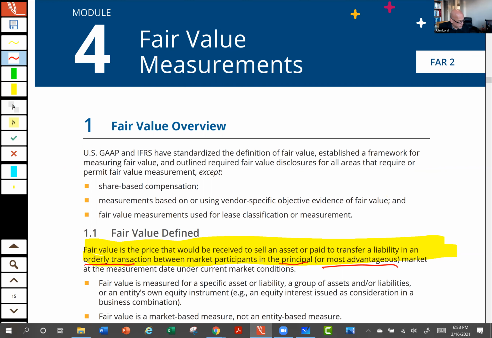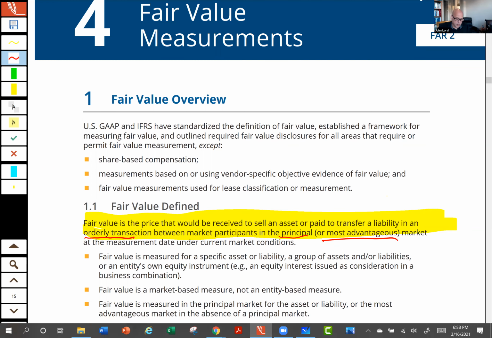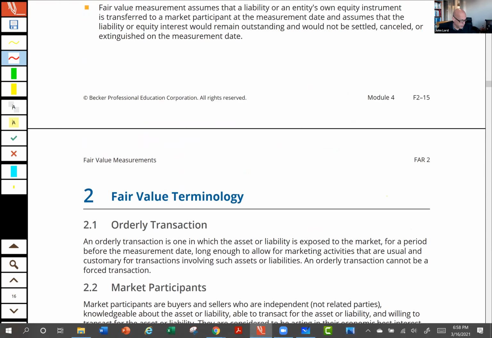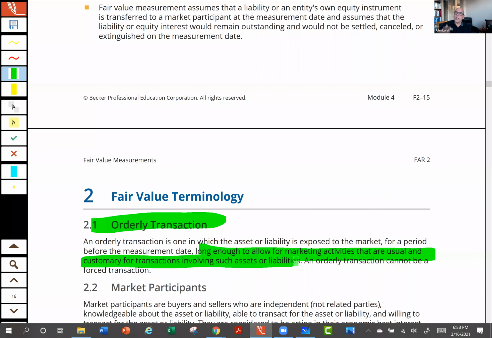So again, next page, orderly transaction, and I probably should have flipped to this already before I gave you the example, means there's time to market it, go through the usual customary activities, put the thing on the market, clean up your house, all that kind of stuff, right? Not a fire sale, okay?